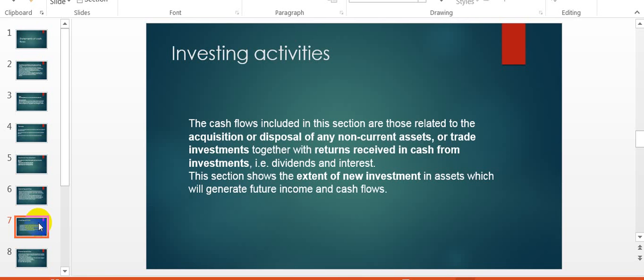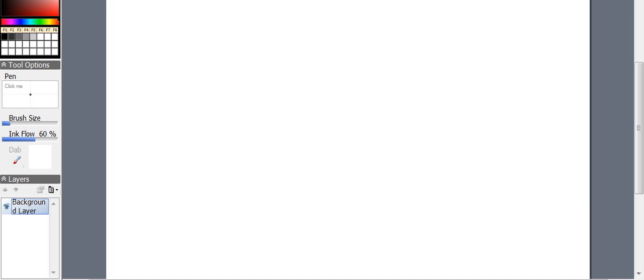How do you work it out? You start working with the opening balance.